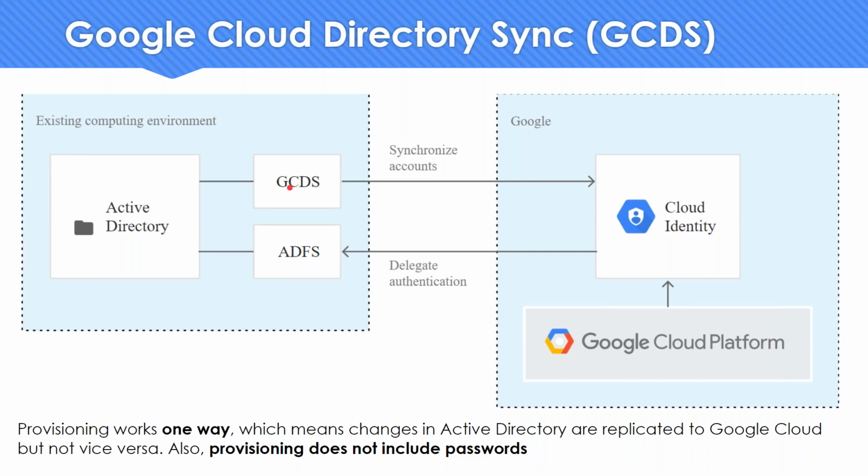So Active Directory can have users, it can have groups. All those things are going to be synced. But one most important thing, which could be somewhat related to the exam: the password remains in your Active Directory. So only the email IDs, whether it's an individual email ID or a group, only that is synchronized. And whenever you want to do authentication, it's going to be delegated back to your Active Directory only.